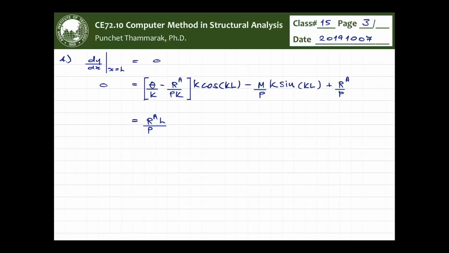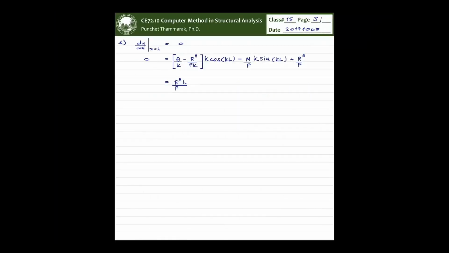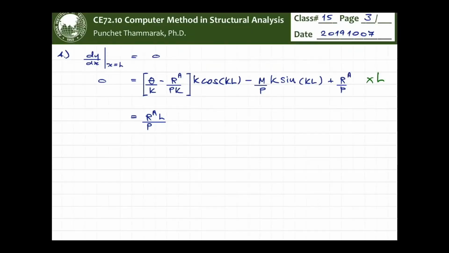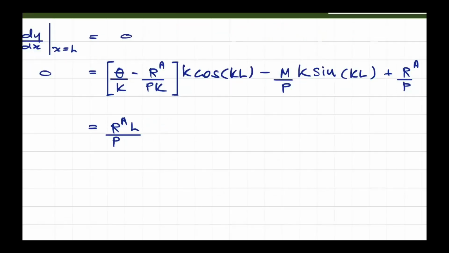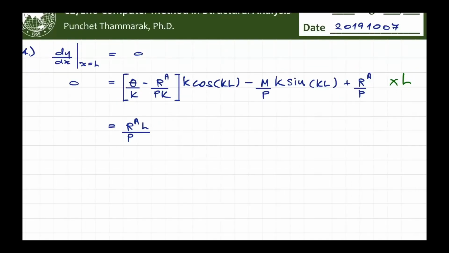So I scale this by multiplying through by L. So over here you have RAL over P, and that is 1 minus this term. You pull out RAL, then you get, one second.